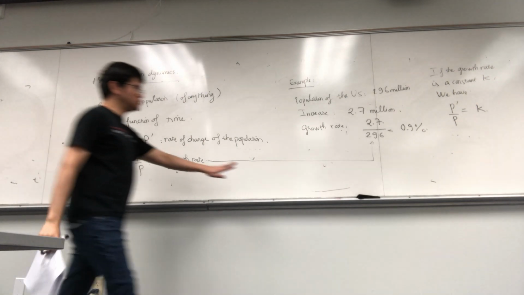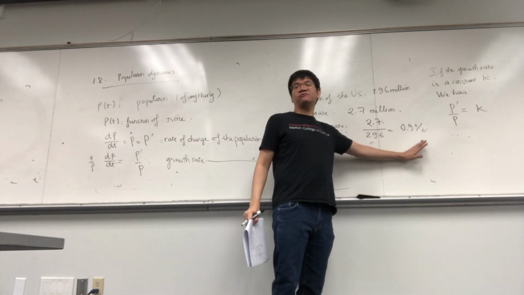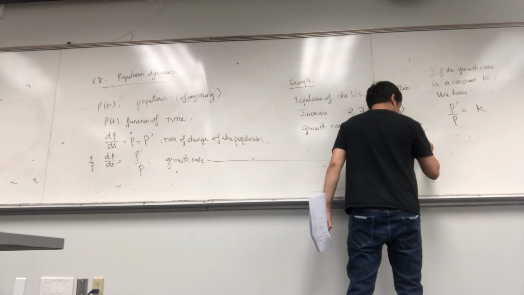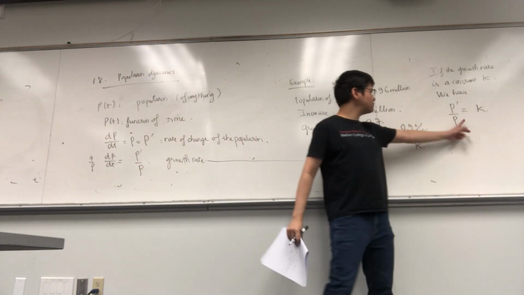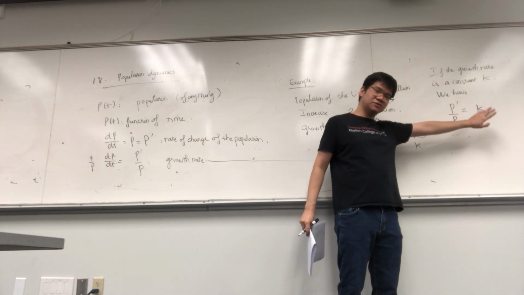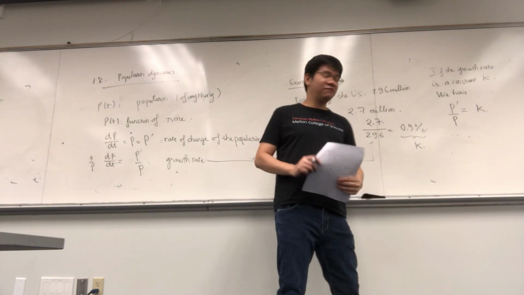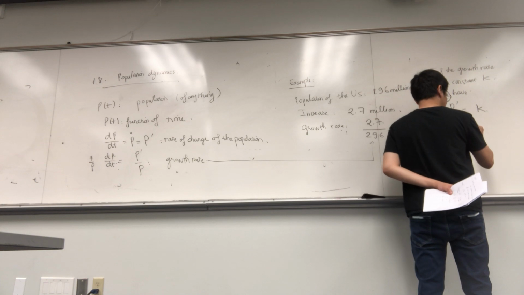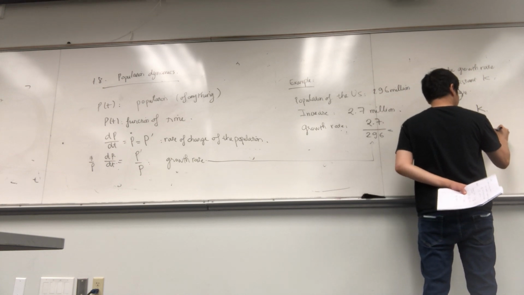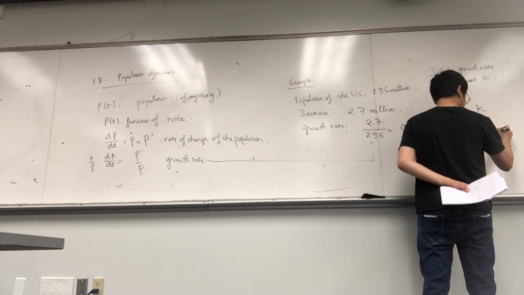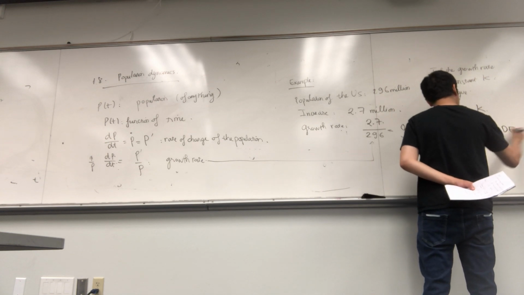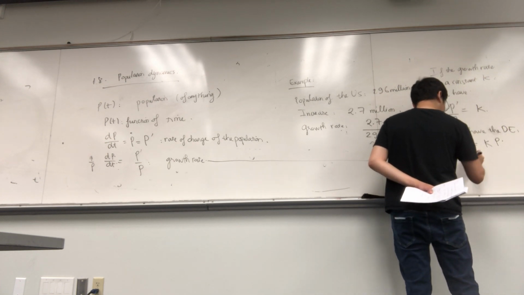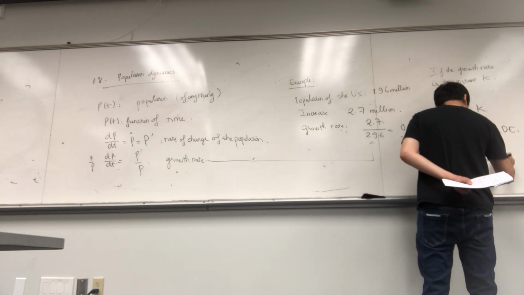If this percentage is fixed for all years, so I have a constant, then P prime over P is a constant k, and we have the differential equation: P prime is equal to kP, or P prime minus kP is equal to 0.